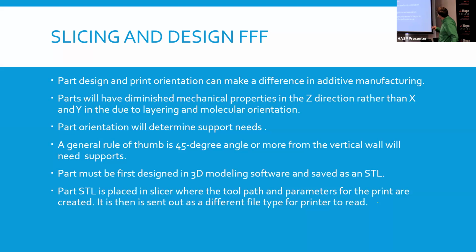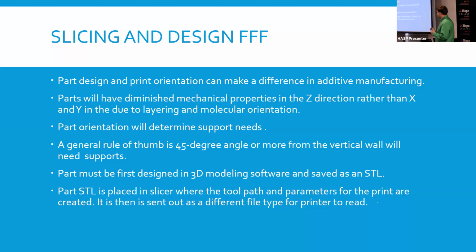So part design and print orientation can make a difference in additive manufacturing. When you start slicing, you first start off with a model. Create your model in CAD software such as SolidWorks or Creo, and you then put it in a slicer.